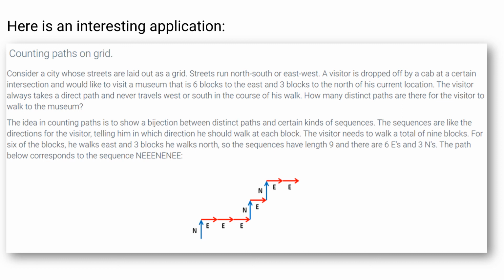Because that's the same problem as what we just did with the binary strings. If we had said zeros and ones, we'd be saying, how many different ways can we have 3 ones in a binary string of length 9? It's just the same thing, other than in this case, how many ways can we have 3 n's in a string of length 9 when the only options are n's and e's.